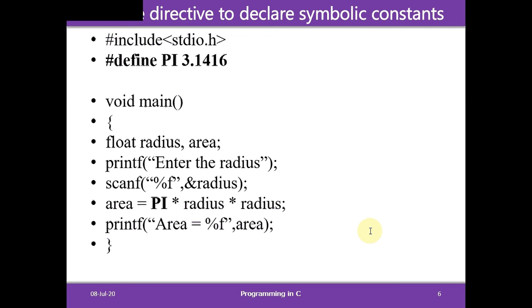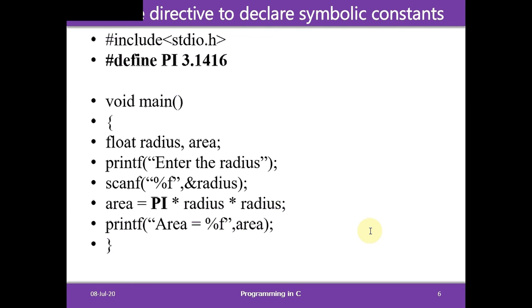If you look into the function, scanf percentage f specifies that we are scanning the value as a floating point number, which may have decimal numbers with a decimal point, and comma after that, ampersand radius. Ampersand radius specifies the address of the radius variable.